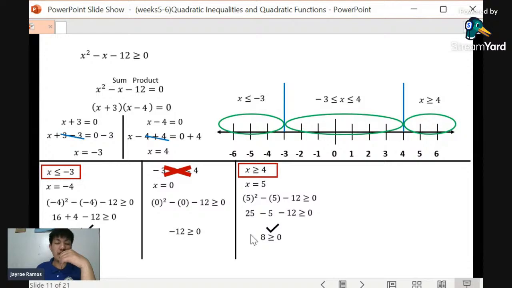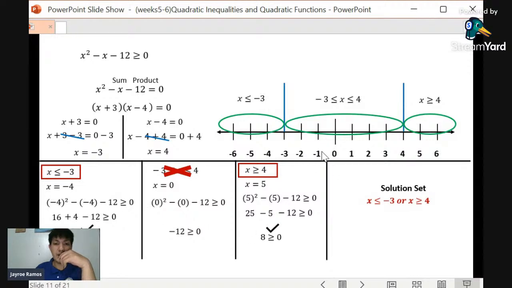And we are done. So we can write already all the solution set. So the solution set that we have here will be x is less than or equal to negative 3 or x is greater than or equal to 4. So again, magkahiwalay na naman kasi nga nawala yung gitnang part, no? Nawala yung nasa gitnang area.